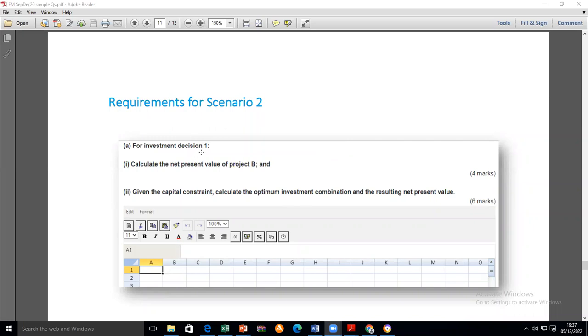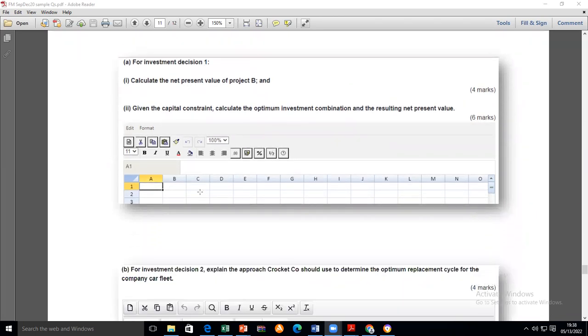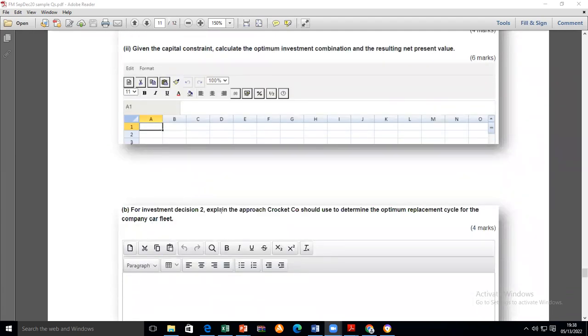For investment decision number 1, calculate the net present value of project B, and given the capital constraint, calculate the optimum investment combination and the resulting net present value. That's an interesting one, capital rationing. For the other one, explain the approach C should use to determine the optimum replacement cycle for the company car fleet.